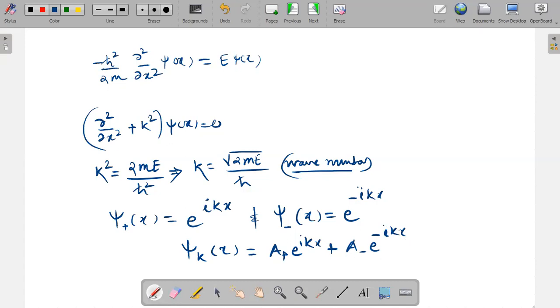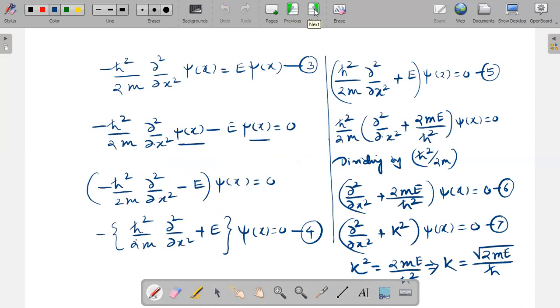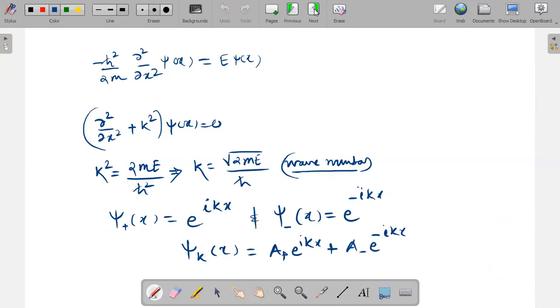Then we write the next equations, numbered 7 through 11. Therefore, psi k of x equals A plus e raised to ikx plus A minus e raised to minus ikx, where A plus and A minus are two arbitrary constants.